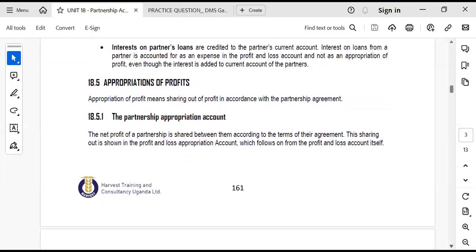So we have something called appropriation of profit in partnership accounts. You see, we have our chicken business. We brought in 1.2. We have bought birds, each bird at 3,000, and we are very good business people. We are selling the bird at 15,000.